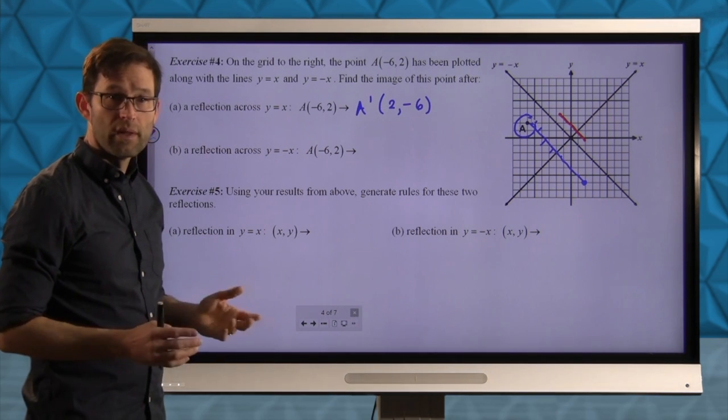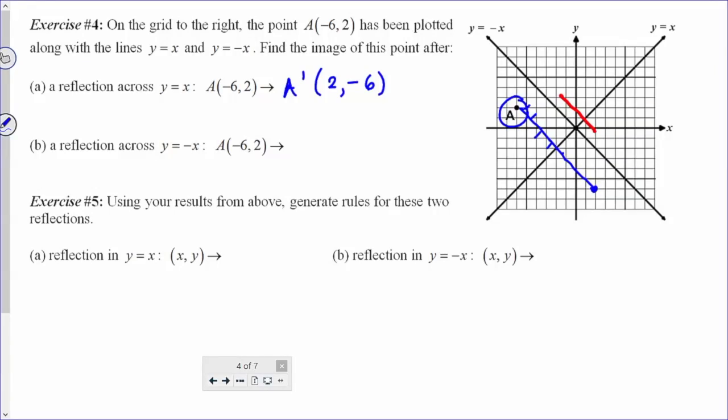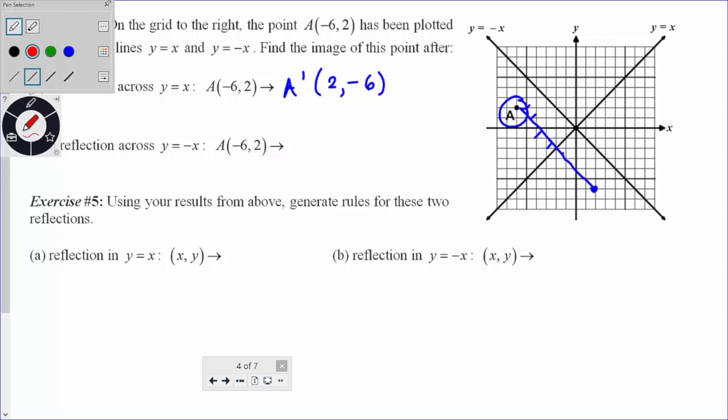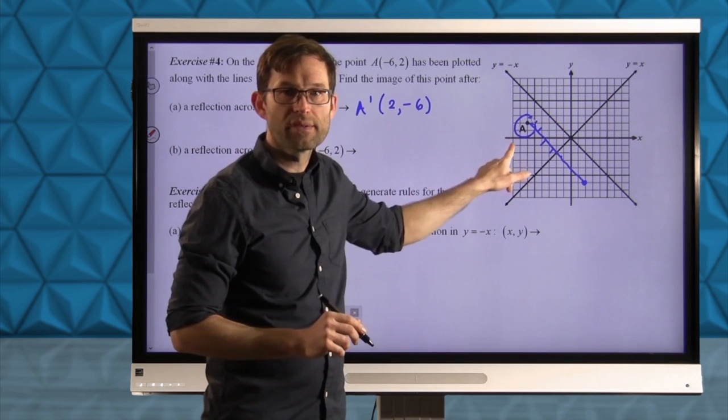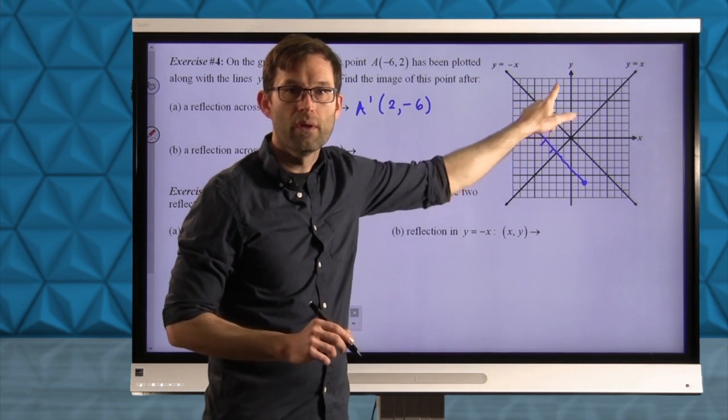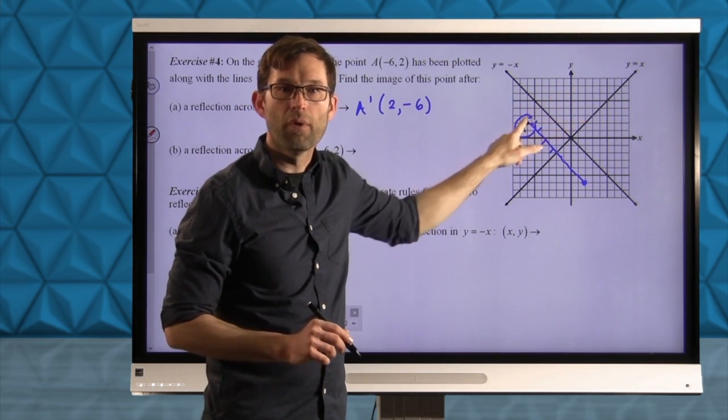Ready? Let's do it. I'm going to get rid of this, and let me switch to red. When I'm reflecting across y = -x, I have to come in perpendicular to it, which means I've got to have a slope of +1.